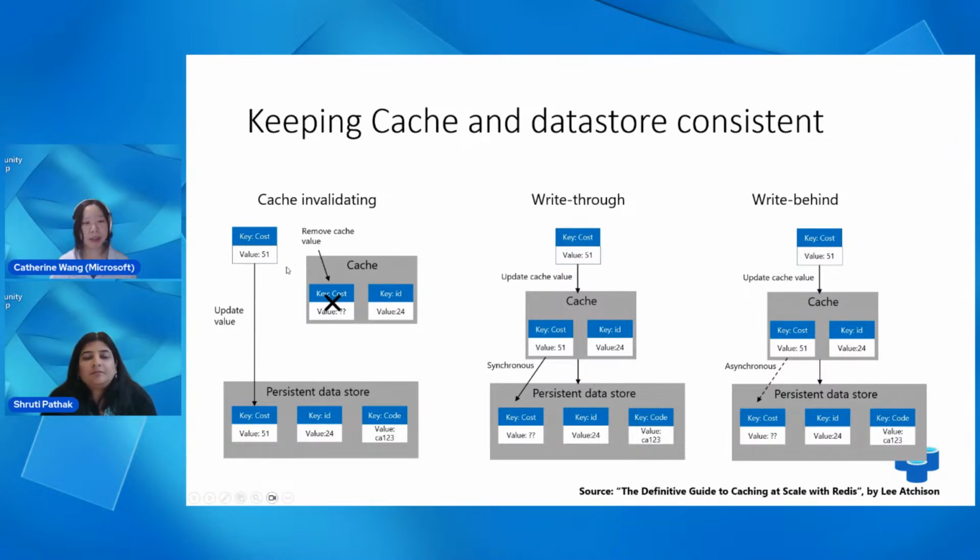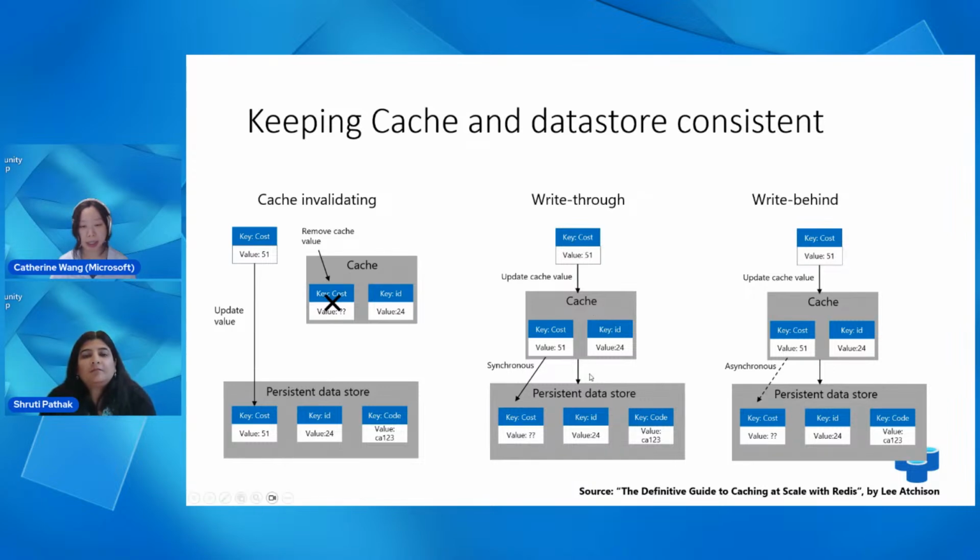Because invalidating the cache and writing into the cache every time may take some time, we want our application to be even more performant. That's where write-through and write-behind come into play. Write-through means the application updates the cache directly, so the cache always hosts the latest copy of the data.